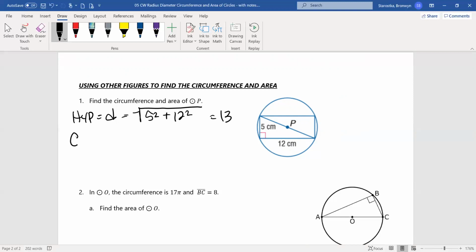So my circumference is going to be 13 pi, or 40.8 centimeters.